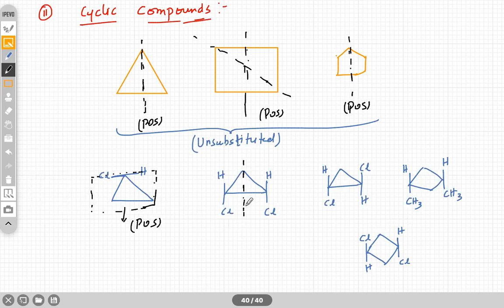So we'll have this POS here. We do not have any plane of symmetry. If you can visualize this, you can try. You won't get any plane of symmetry here.